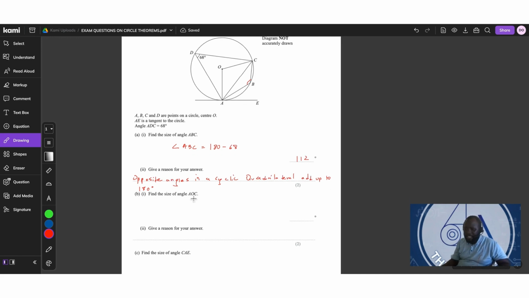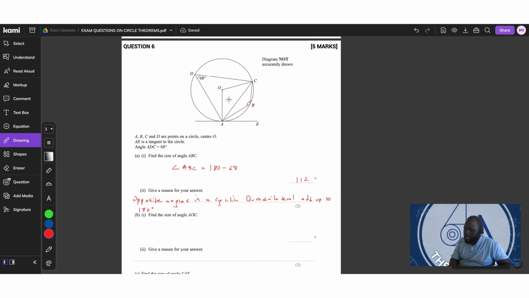Then find the size of angle AOC. Angle AOC is at the center. So that is 68 times 2. So 68 times 2 is 136.